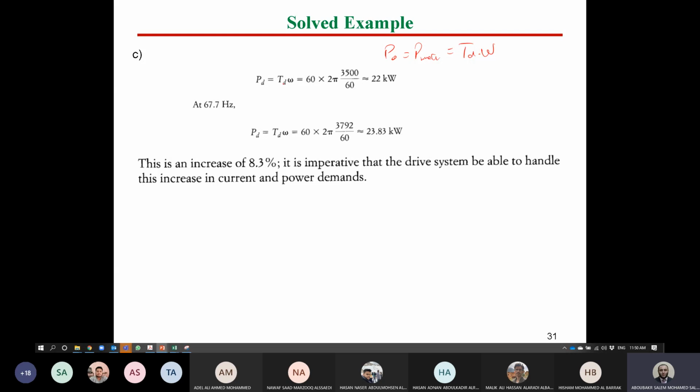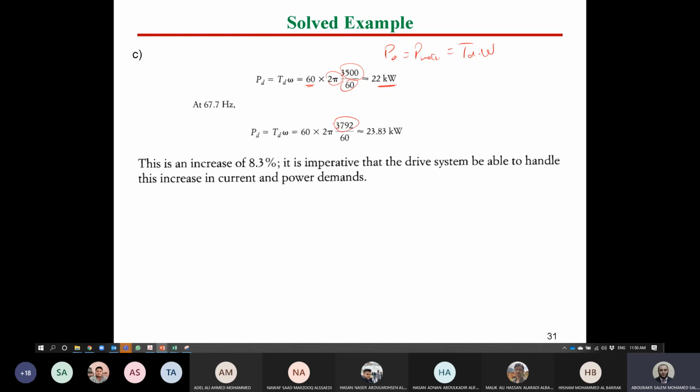So simply we can say now torque, which is constant 60 Newton meters, multiplied by 2 pi over 60 multiplied by the speed of rotor. This is 3500, which is at 60 Hertz. So this is the power at 60 Hertz, and here is the power at the other frequency.